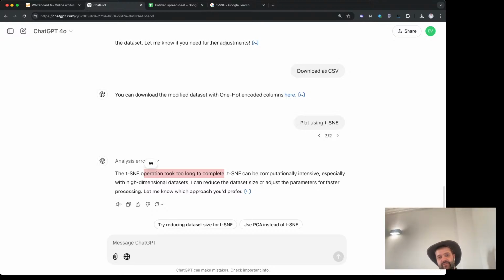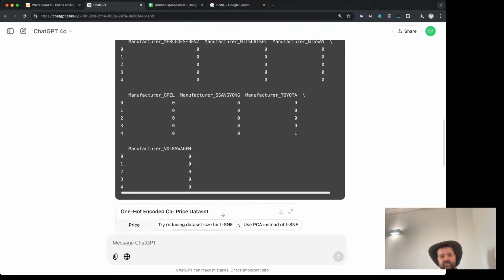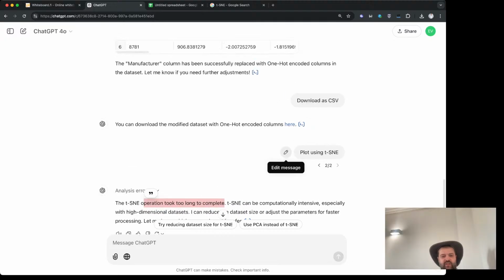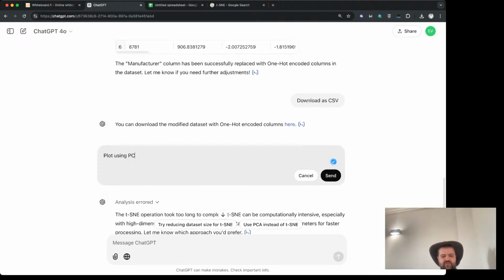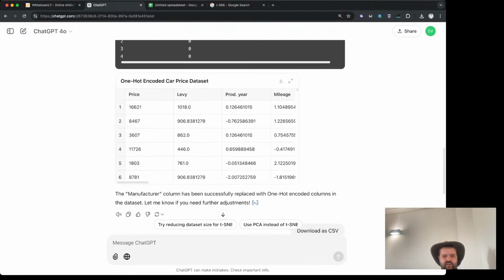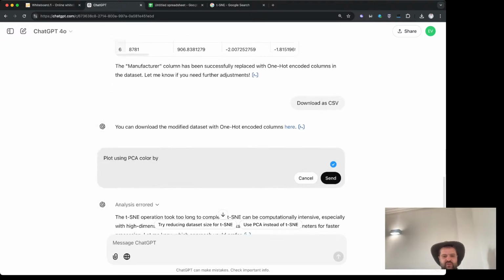So I gave you one example here. Maybe I can just make it visually better. Let's try again using PCA, coloring by price below 10,000 and above 10,000.